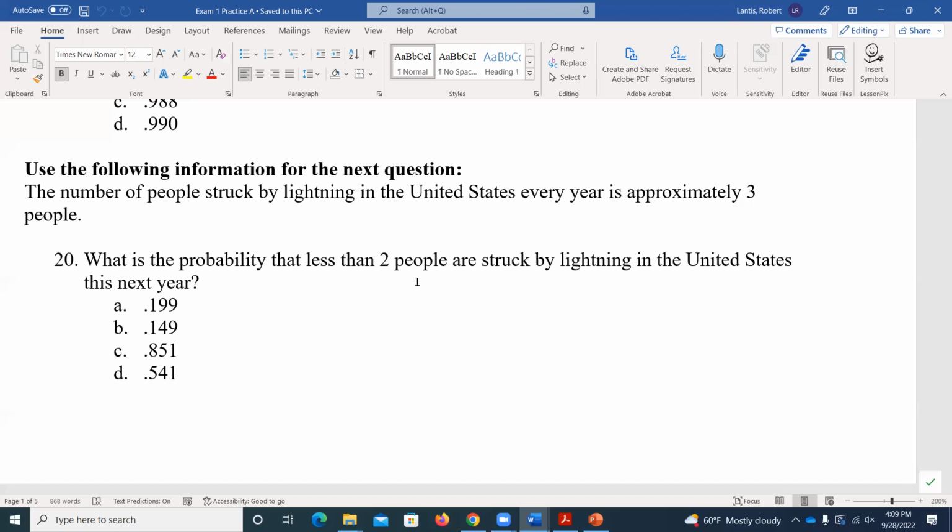So if I want the probability x is less than 2, all I'm really doing is taking the probability it's 0 and adding that to the probability it's 1.